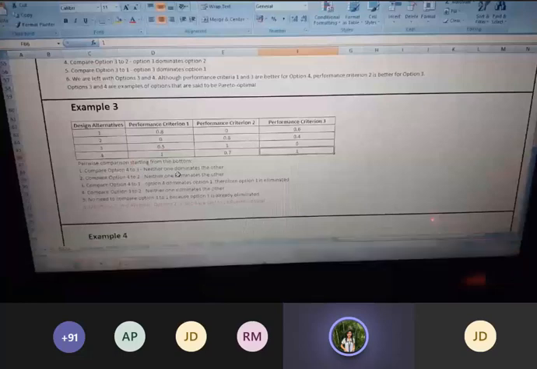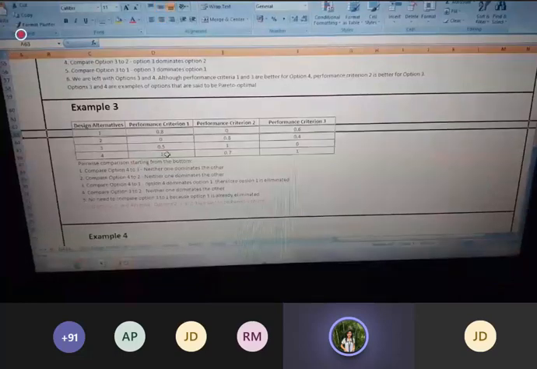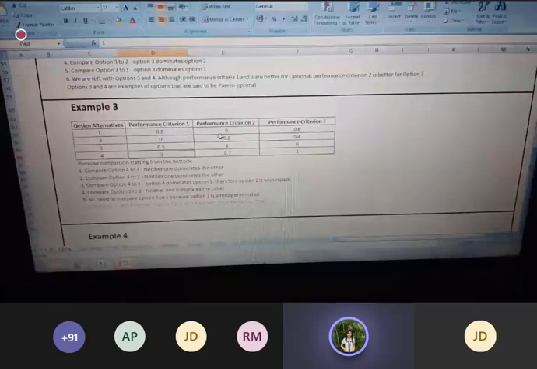Comparing option 4 and 1, option 4 is better in performance criterion 2, and option 1 is better in performance criterion 3.